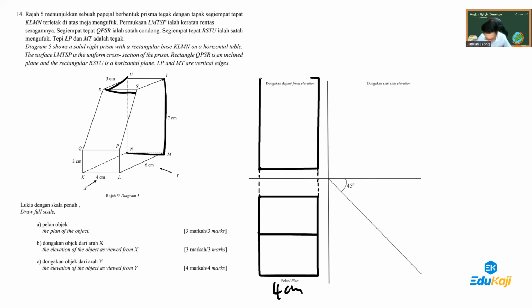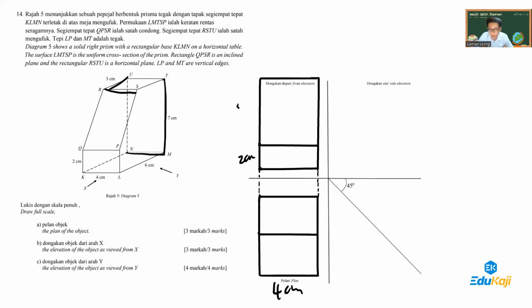Then 2 cm from here. Yeah, we have a line. And yeah, basically that's the front elevation.